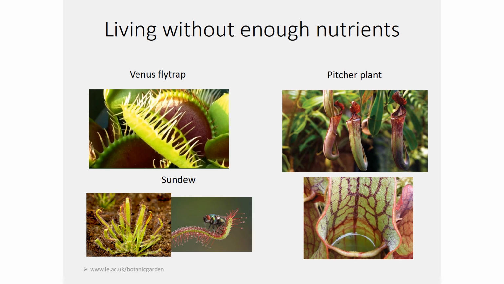Sundews are sticky and insects are trapped on them, and the leaves slowly roll up and then they digest the animal. Pitcher plants have long tubes with red lines on to look like meat. This attracts flies who enter looking for a meal and then slip down the hairs inside the pitcher plant and they can't get out. The fly then becomes a meal for the pitcher plant.